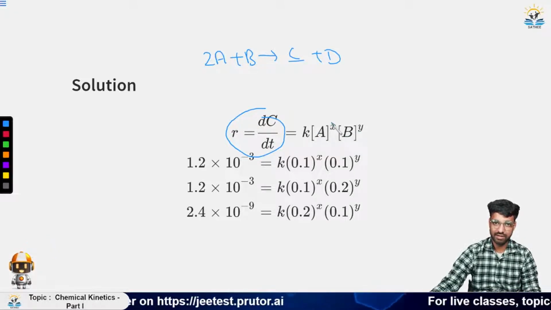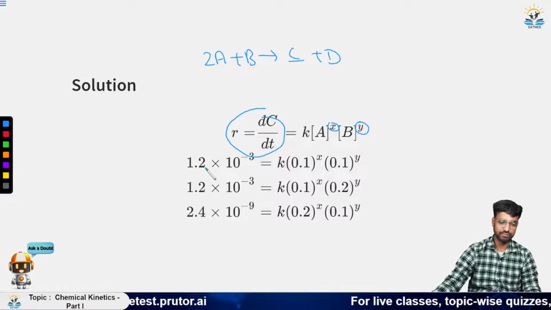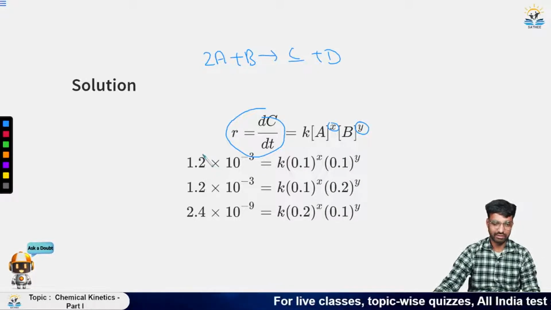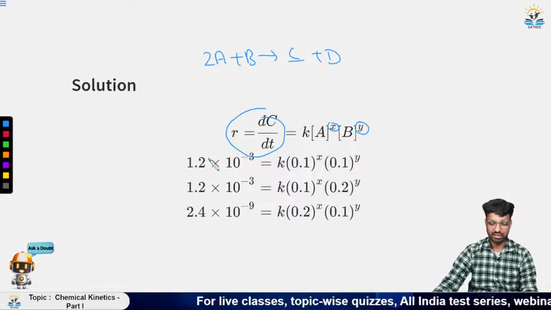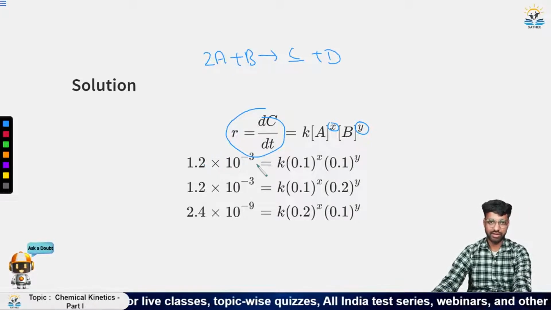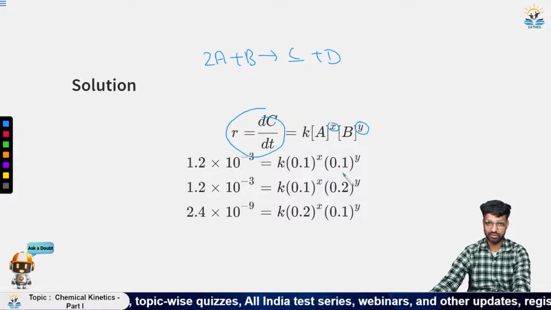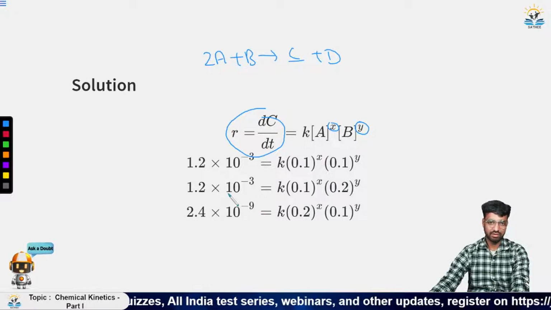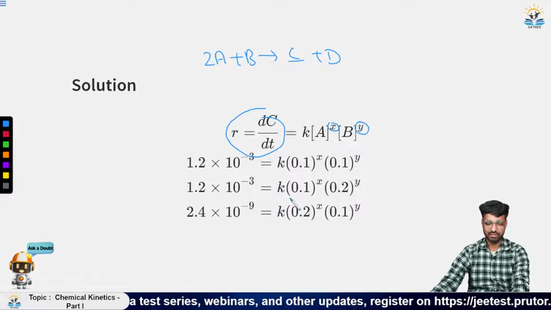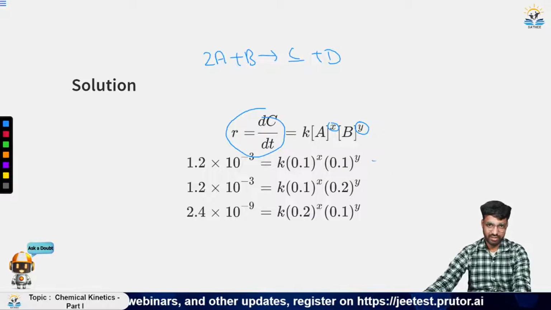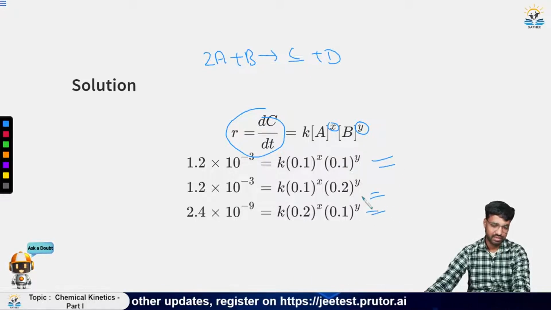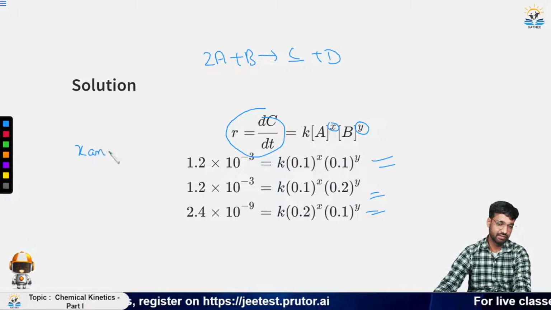These are the reactants, and x and y are unknown. Now if you put all these values given in the table, it will be 1.2 into 10 to the power minus 3 for 0.1 and 0.1, and again into 10 to the power minus something for this one and this one. Now we have three equations and two variables, x and y.